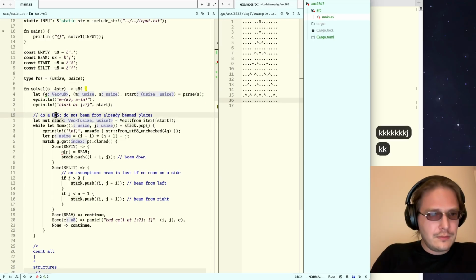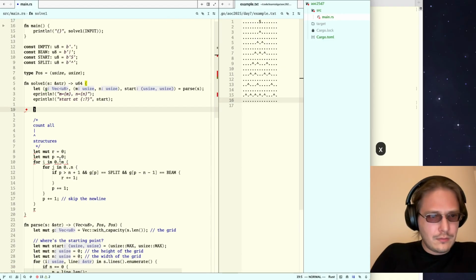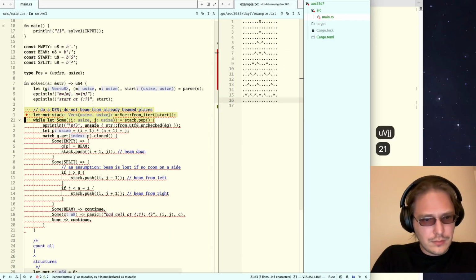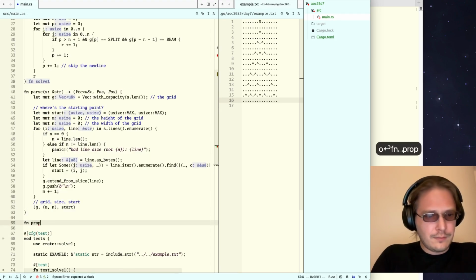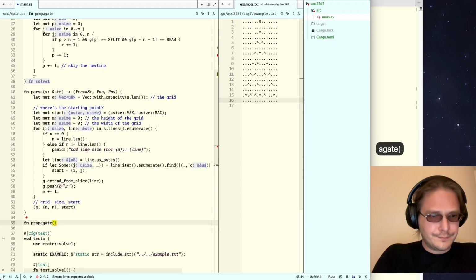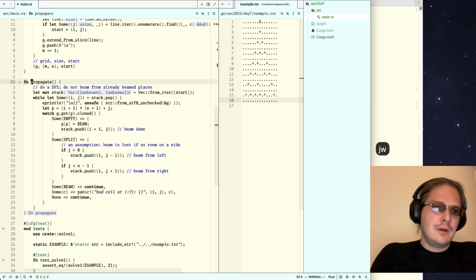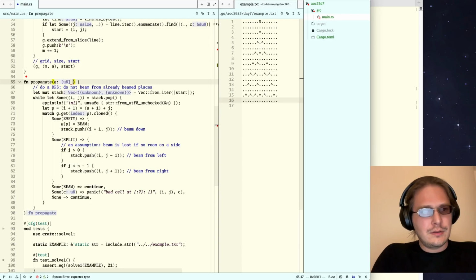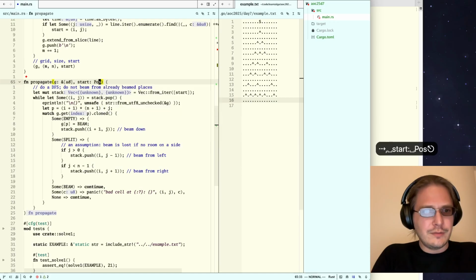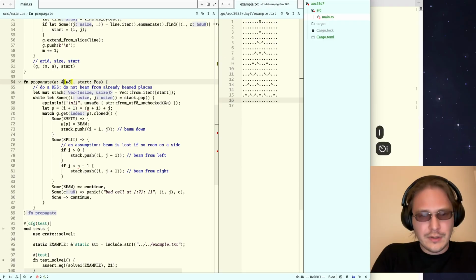Then the next thing is fn propagate. So I take a grid which is a reference to u8, the start position, which is a position. And yes, it's a mutable thing, right?